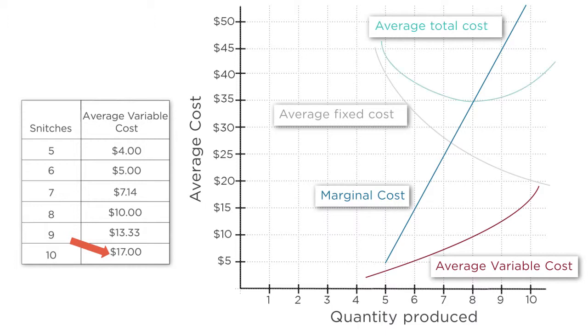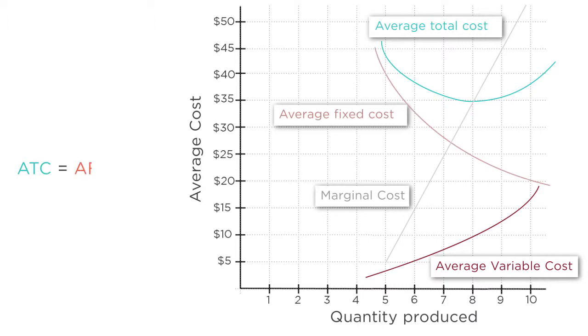The average total cost is just the sum of average fixed cost and average variable cost. Now the reason for the U-shaped average total cost starts to come into focus. On the one hand, the more production, the more units across which to spread fixed costs. Average fixed costs fall, first quickly, then more slowly. On the other hand, the more production, the higher the marginal costs, leading to a higher average variable cost.